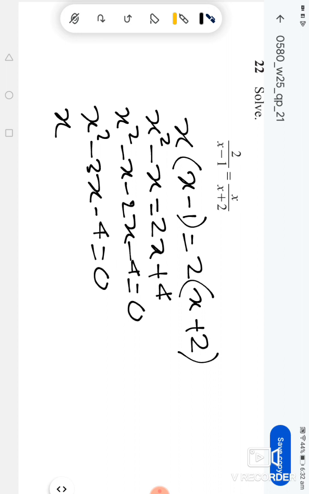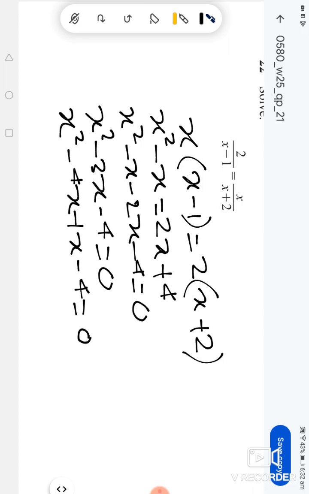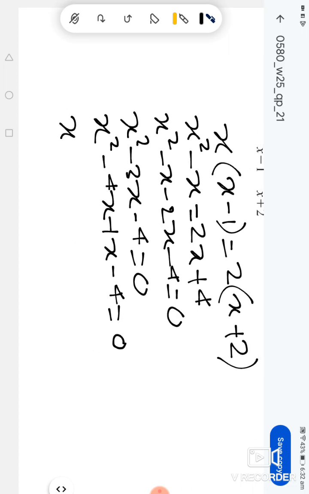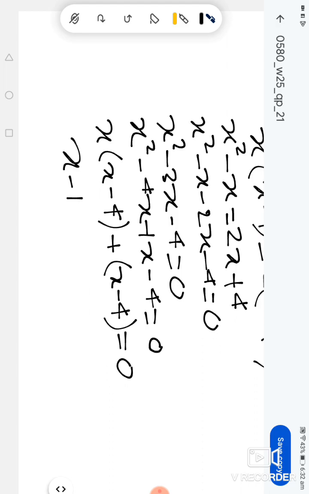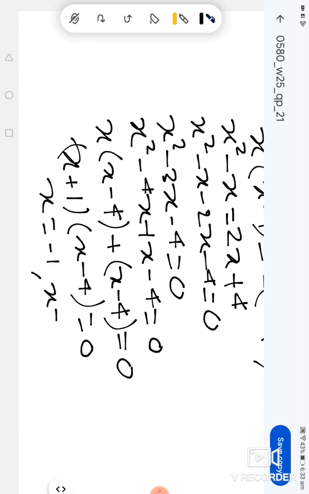Factorize: x square minus 4x plus x minus 4 equals 0. So x minus 4 and plus 1 common. One factor x plus 1 and one factor x minus 4. So x equals minus 1 and x equals plus 4.